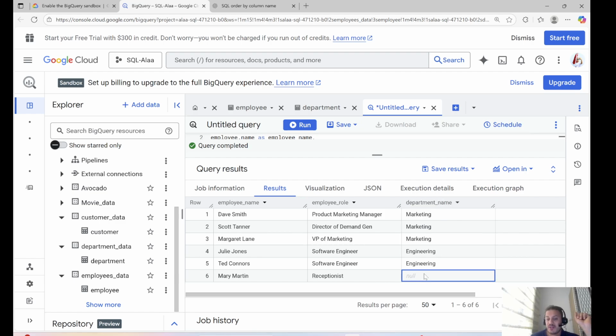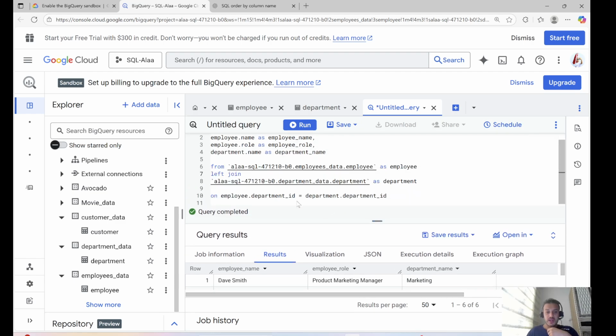Because we don't have any matching in this part, it gives us null, missing, because there is no match. Only the full data from employee, the left, and only the matching part from the departments table. So that's why it's null.